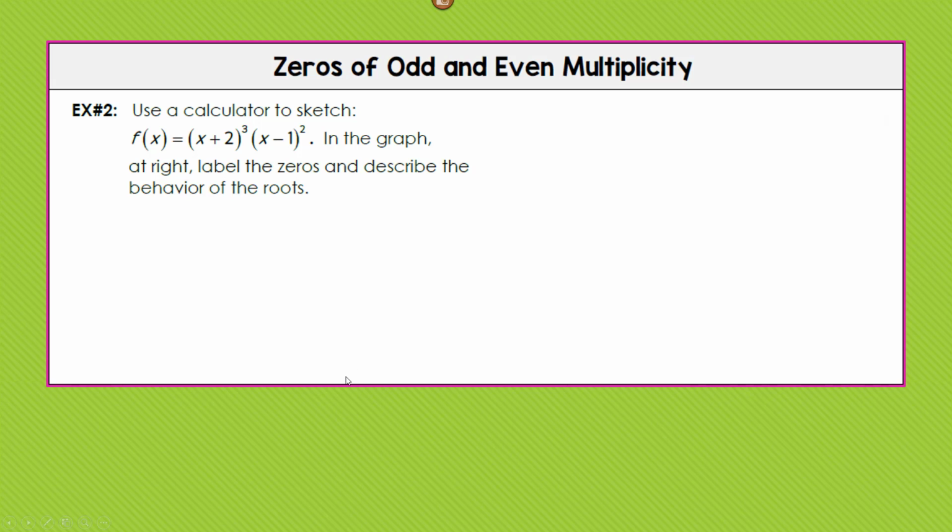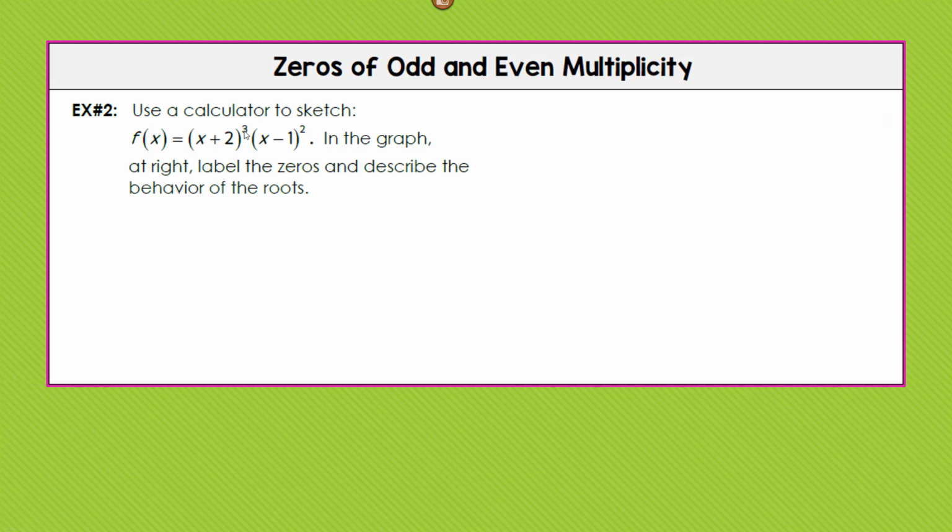Let's talk a little bit more about multiplicity. When we look at this particular function, it's already factored for us, but we can see that x plus 2 has a multiplicity of 3.